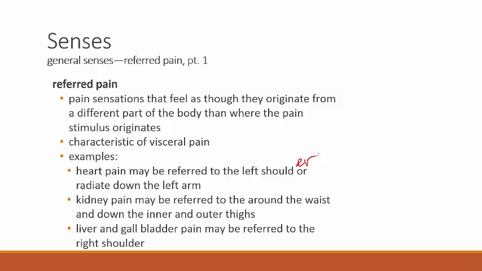And so this is something to be aware of. You could have a patient lying in bed, or sitting in their room, and they're talking about how their shoulder really, really hurts. That might be indicative of gallbladder issues. So being aware of where different organ pain is referred to is very important.